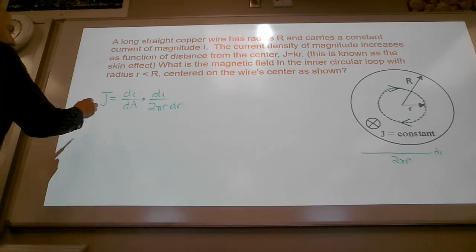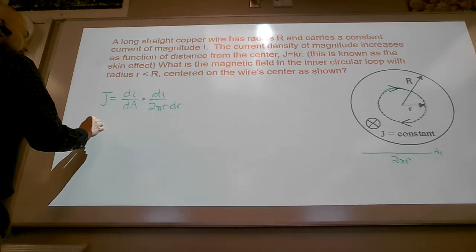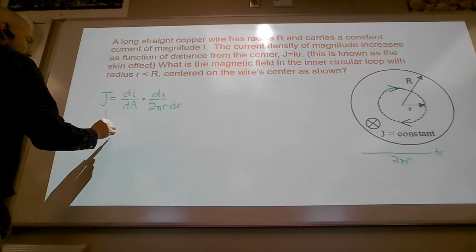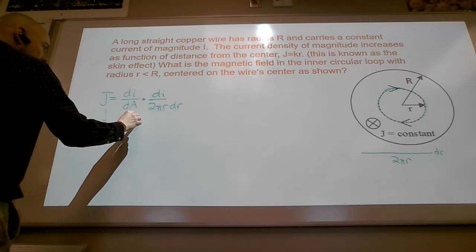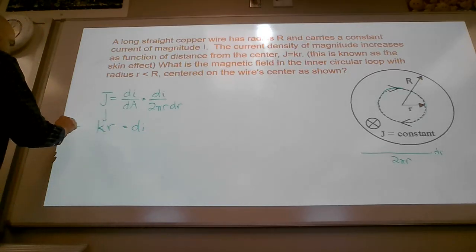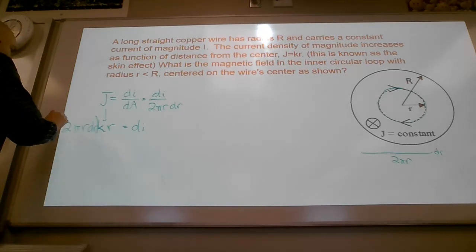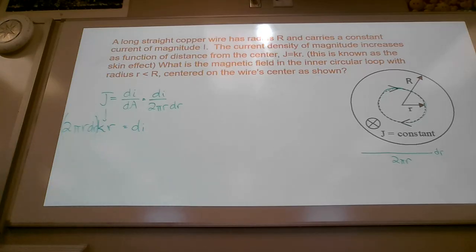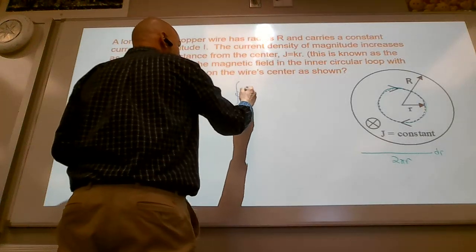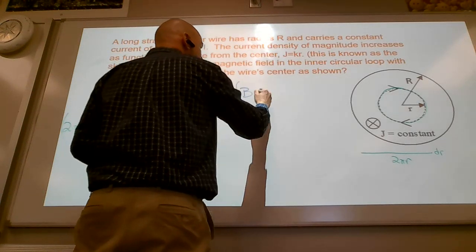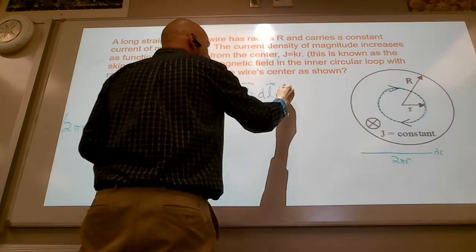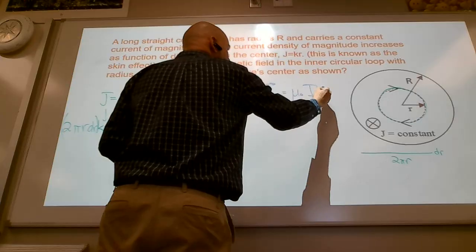Okay. And so J is going to be kr. That's from the problem. dI over 2 pi r dr. You okay with that? But when I go to use Ampere's law, I'm looking for the charge enclosed.